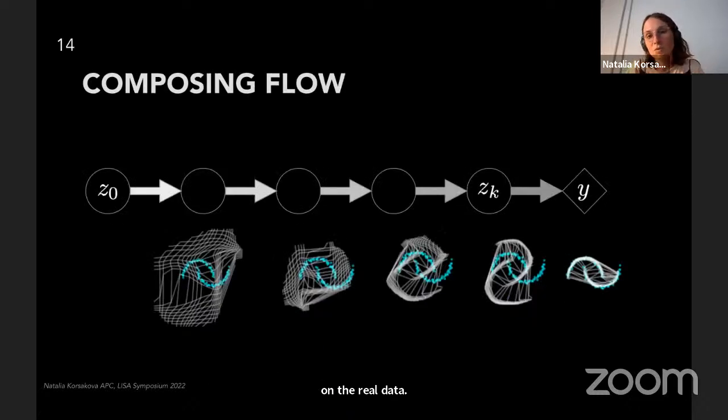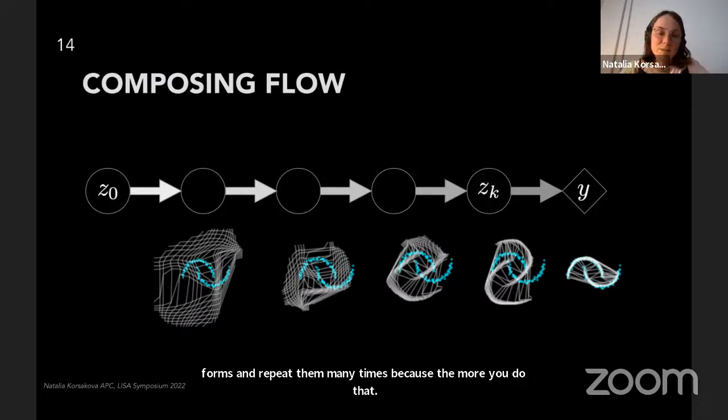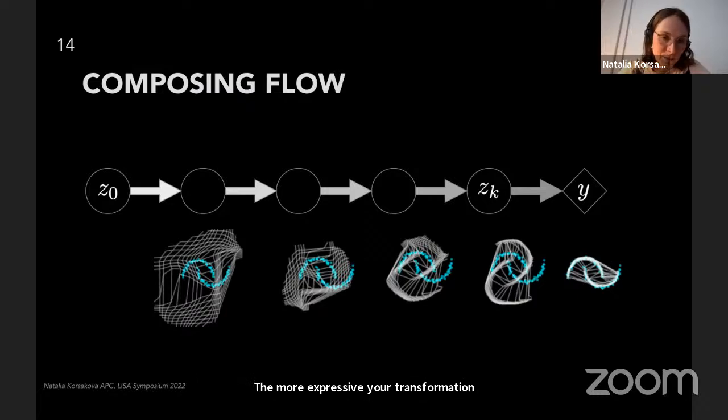In practice, we compose a lot of transformations. We have several types of transforms, and we repeat them many times because the more you do that, the more expressive your transformations can be.